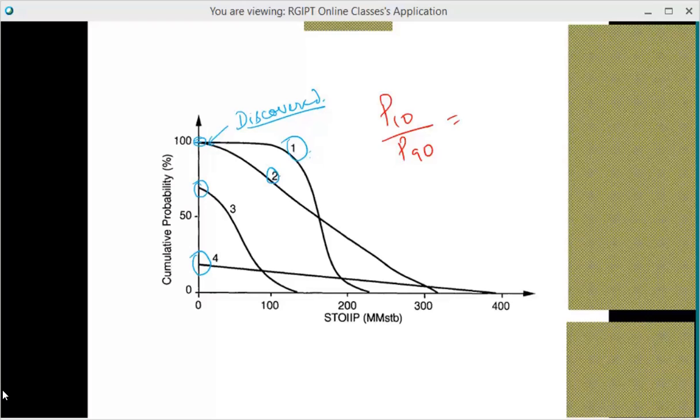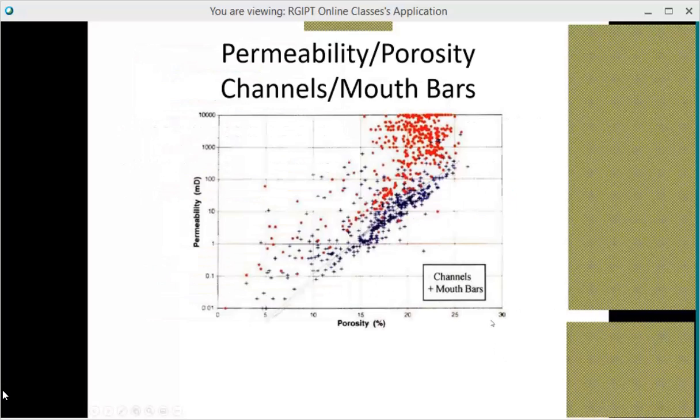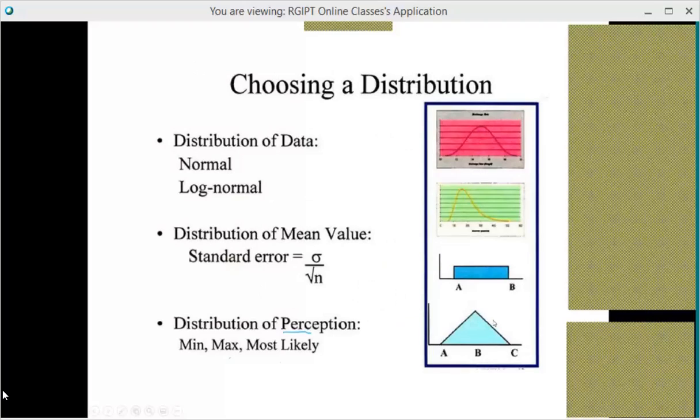So there are also terms called 1P, 2P, and 3P. Let me bring that slide up here. Okay.